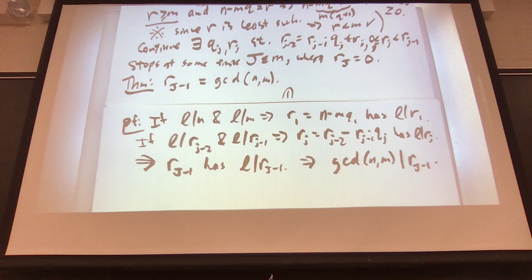Given n and m, let's say not equal to 0, what we said was S, the set of nx plus my, as x and y run over the integers. This is a subset of the integers.